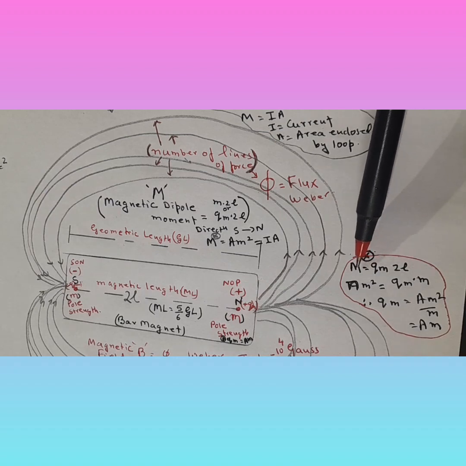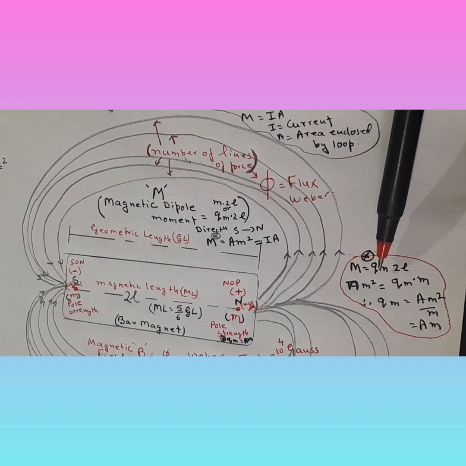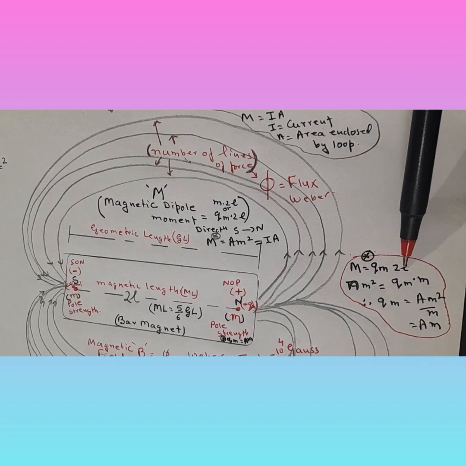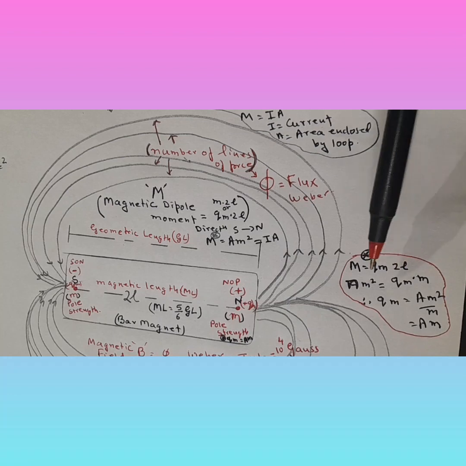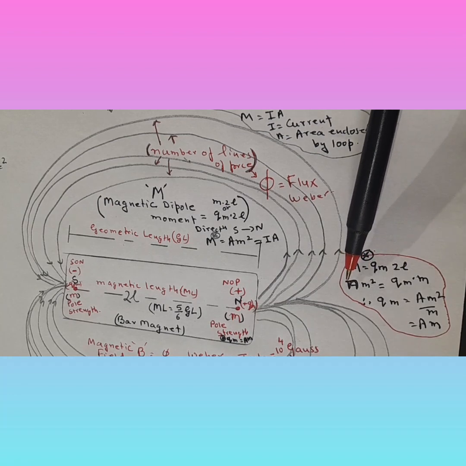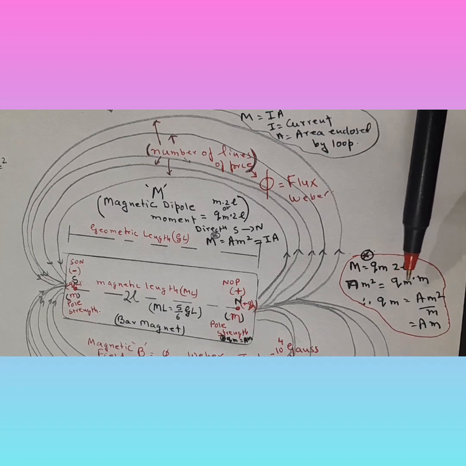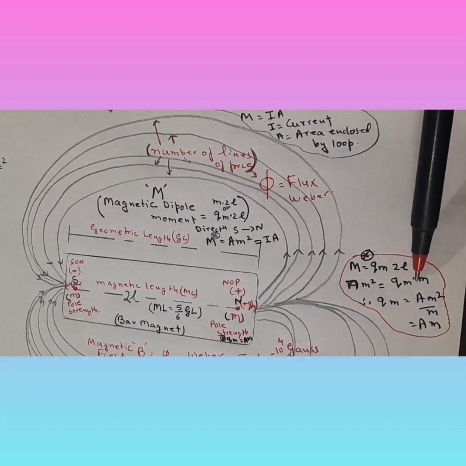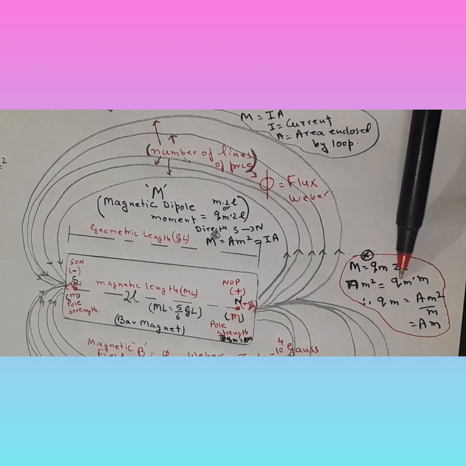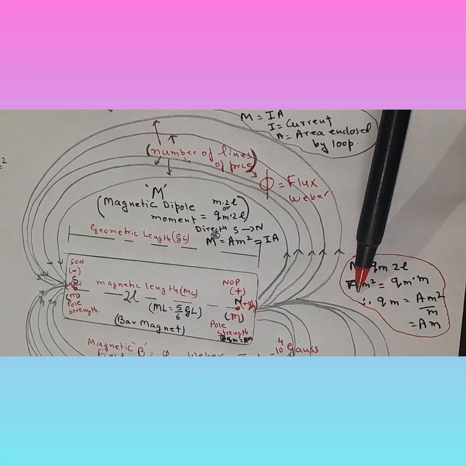Now, magnetic dipole moment we right now told is Q subscript M into 2L, and unit of this is ampere meter square, and this is Q subscript M into M. Length is in meter, so we take meter down there. So if I want unit of QM, I would be taking meter down there.